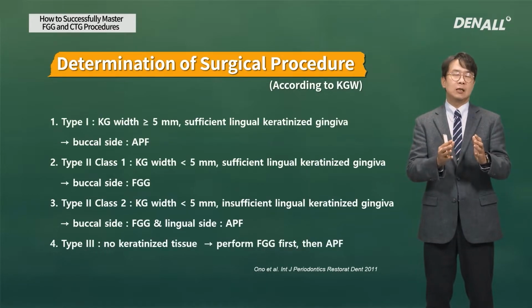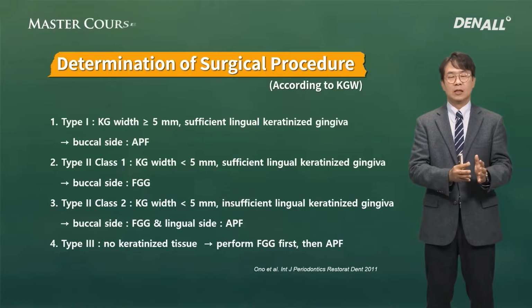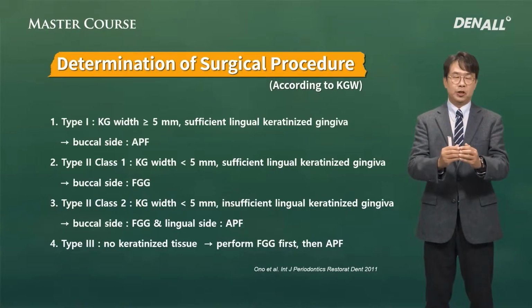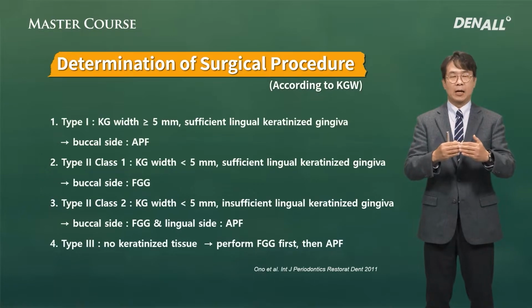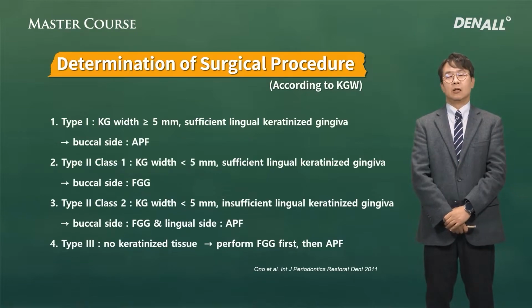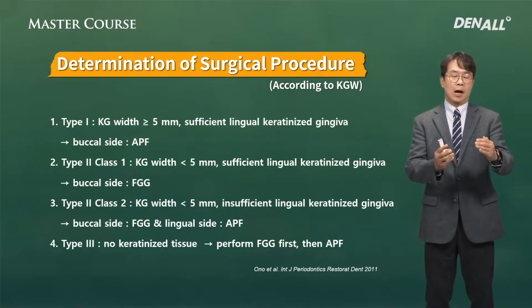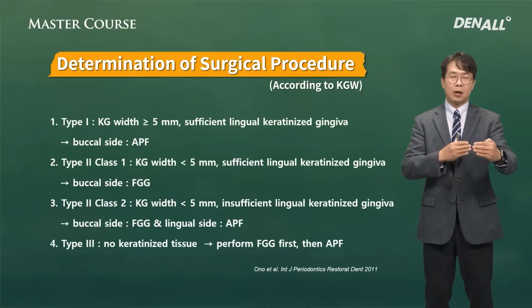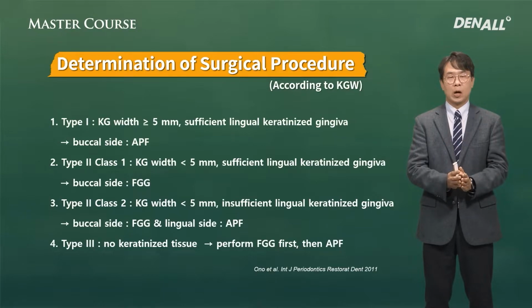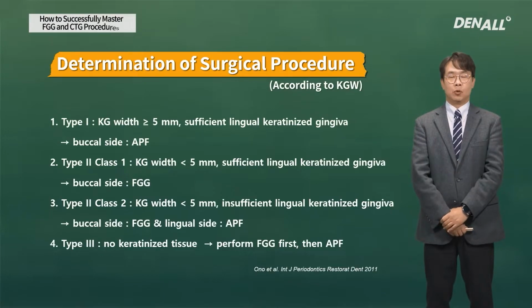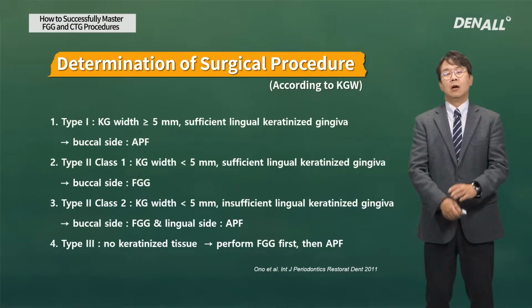Lastly, if there's little keratinized tissue, free gingiva graft should be performed first, followed by type 1 or type 2, which can be applied depending on the amount of keratinized tissue available. So depending on the residual volume of keratinized tissue, a specific procedure can be selected.